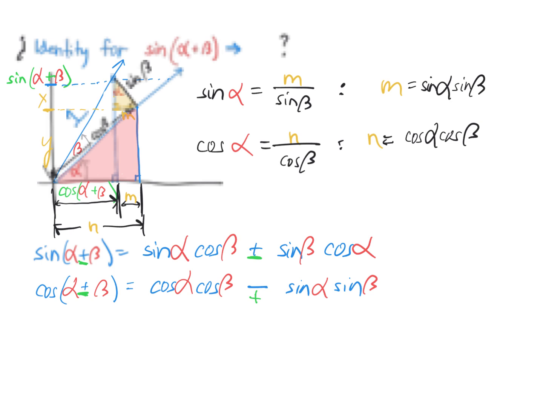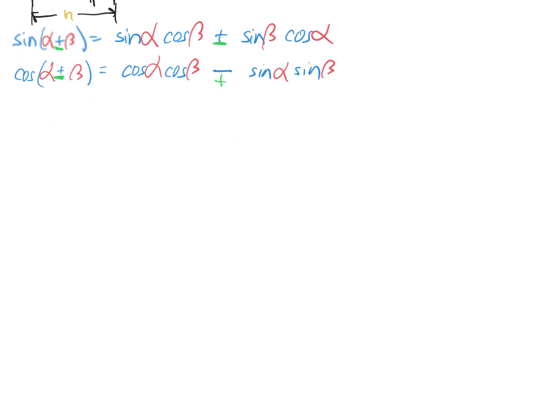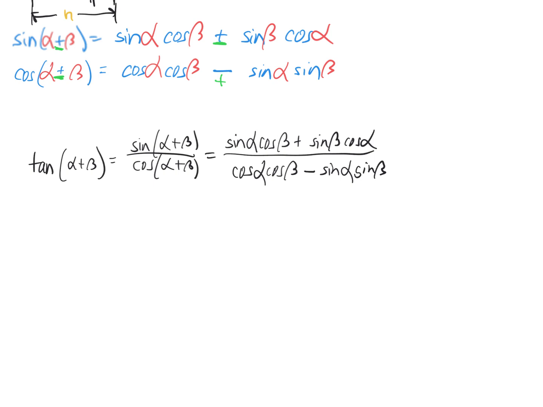What about the sum formula for the tangent ratio? Well, first we'd use the quotient identity for tangent. Then we'll substitute these formulas in place of the numerator and denominator. Then we'll multiply both the numerator and the denominator times 1 over cosine of beta.